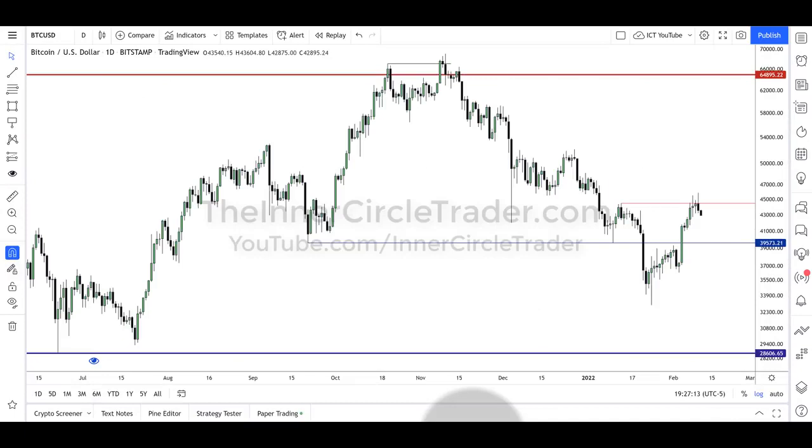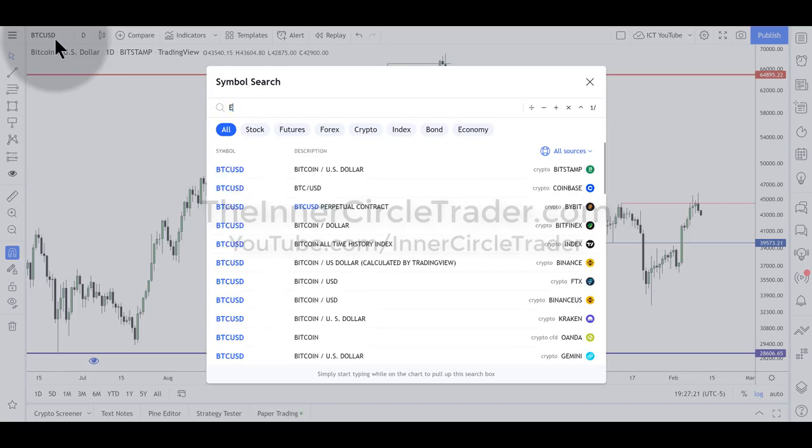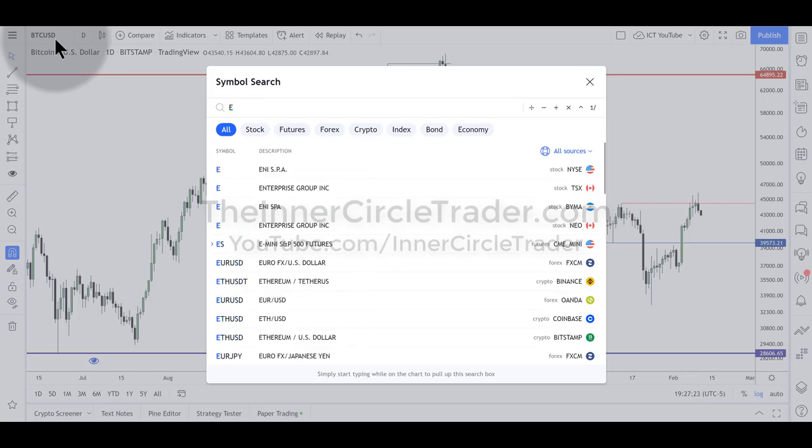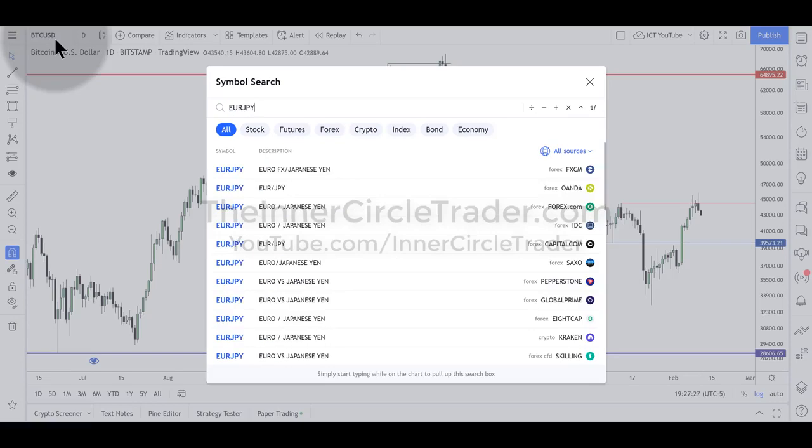Taking a look at TradingView, and I promise this is going to be a really short one tonight. Let's go to Euro. Whenever I'm looking at data from TradingView, this is the data feed I use for forex pairs only, forex.com.